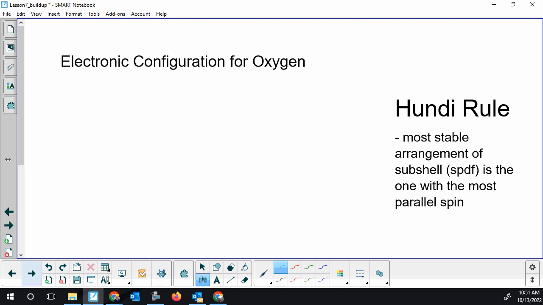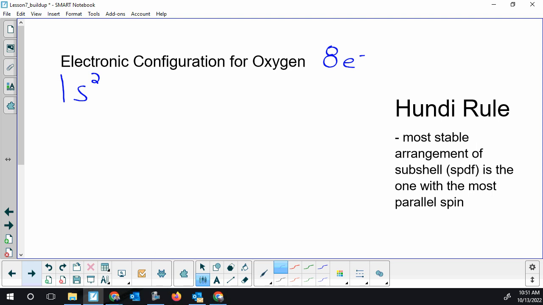So what's the electronic configuration? We've talked a lot about 1s being first. 1s can hold 2 electrons. And we have to realize oxygen is atomic number 8. So there's 8 protons, so there'd be 8 electrons in neutral oxygen.